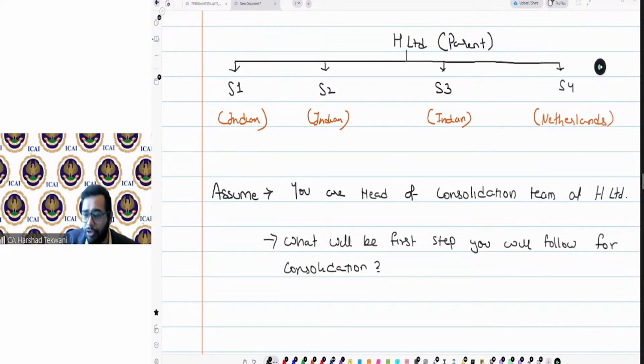If you want to do a consolidation, what you will do? First of all, what you will do? You are the head of consolidation team now. What you will do now? The first step. Come on, guys. What will be the first step you will follow for consolidation? Simple.